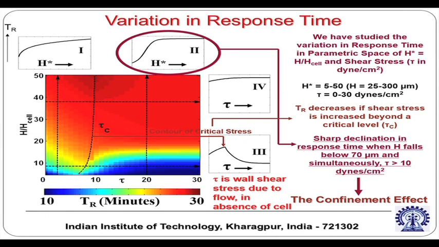We have studied the variation in the response time in the parametric space of H star, that is H by H cell, and shear stress, and from this map you can understand that the response time decreases if the shear stress is increased beyond the critical value, or when H star falls below the critical limit, that is H by H cell falls below 70 micron and the stress is greater than 10 dynes per centimeter square.